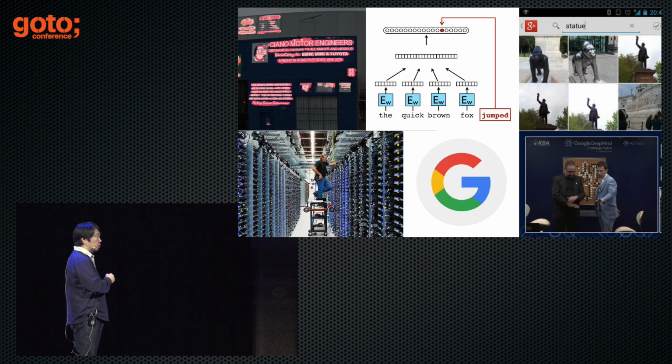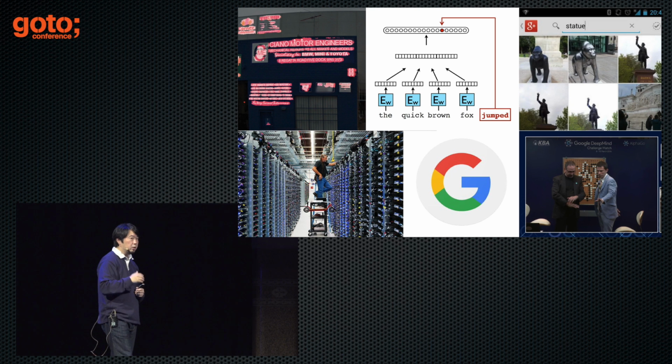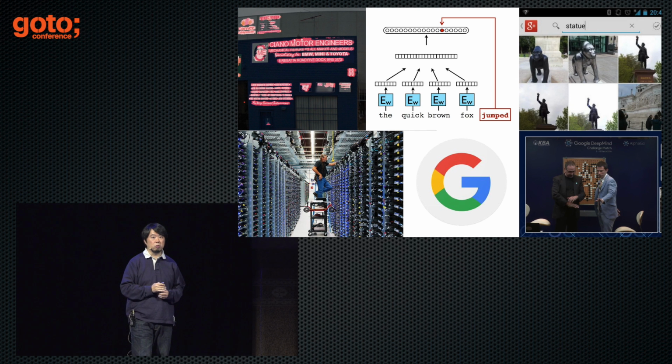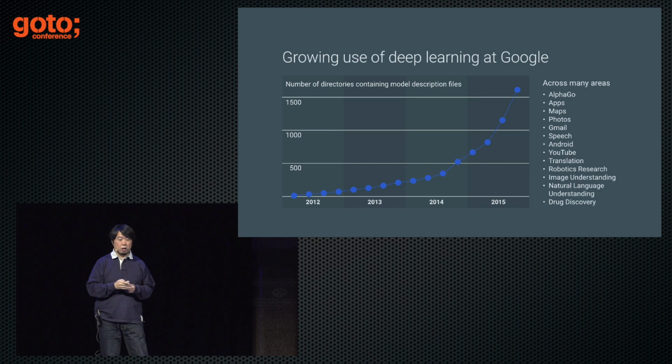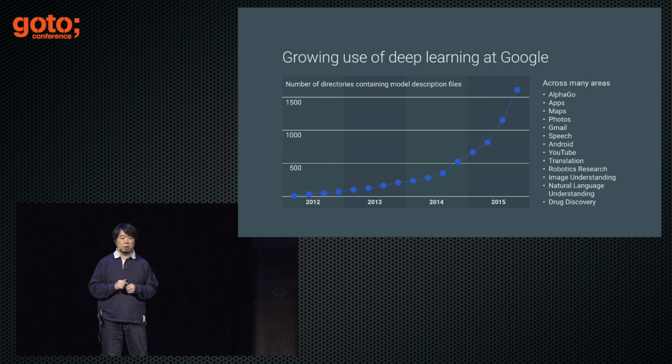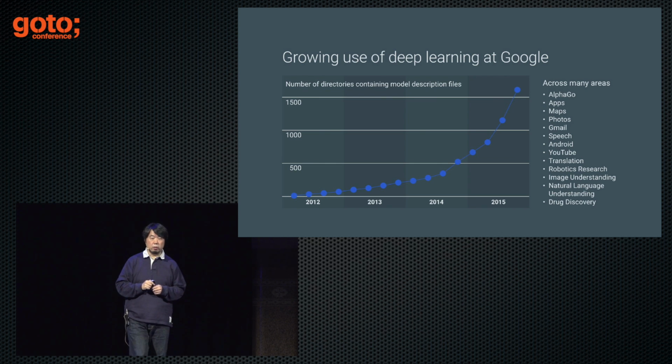Google Search has been using Google Brain since last year, and we have been using machine learning technologies for optimizing data center operation. And also OCR, natural language processing, and visual recognition or speech recognition, such as Google Photos or the voice recognition of Android. We have over 60 production projects that have been using Google Brain and deep learning for the last couple of years.